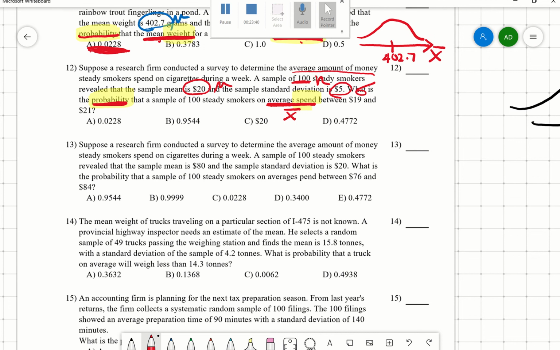And like I said, it's exactly the same pattern. The only difference comes into the standard deviation part when you use MegaStat. Other than that, like in chapter 6, we are still calculating probabilities under normal distribution.